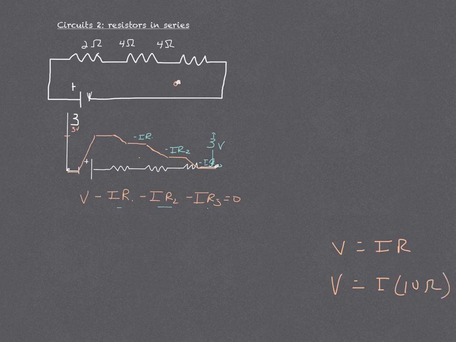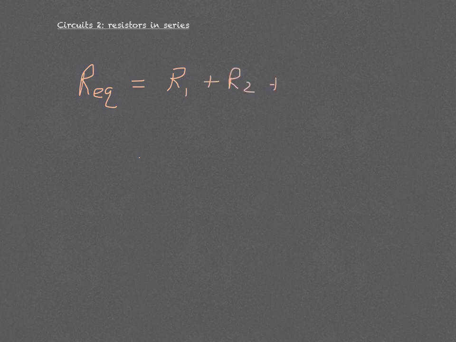All right. So we just found that the equivalent resistance, I'll call it REQ, for a series circuit is equal to the addition of all of the resistors. If we have more resistors, we keep adding them. Okay.